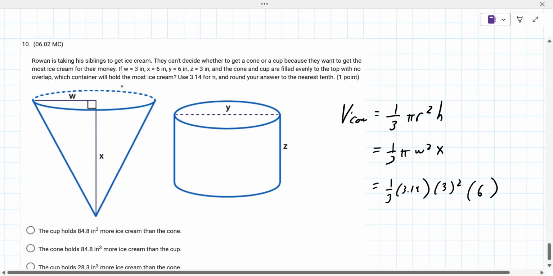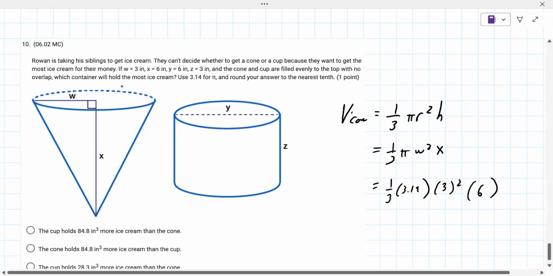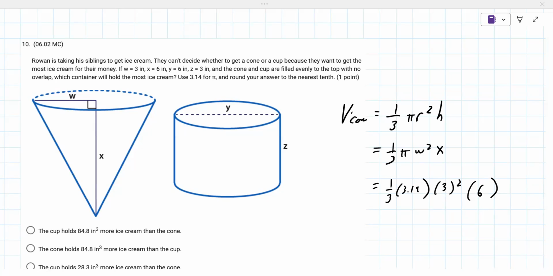So 1/3, r is 3, so 3 squared times 6, that's 6 times 4, times 3.14. I got 226.08. Okay.